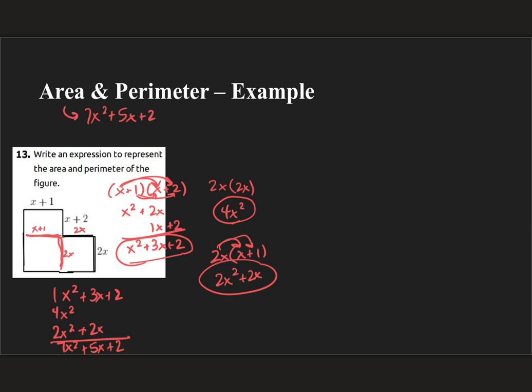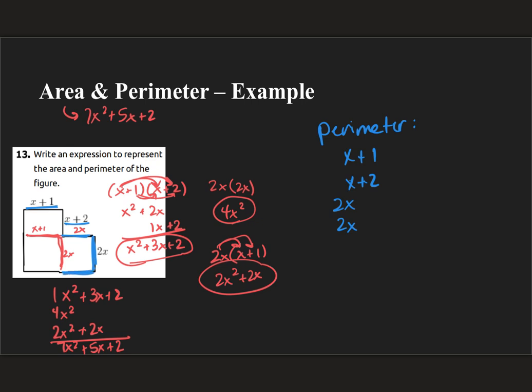Now the perimeter, we're going to add all of our sides up. So I'm going to do x plus 1 plus x plus 2. So I've got x plus 1, x plus 2. This side is 2x, so plus 2x. This side is 2x again.